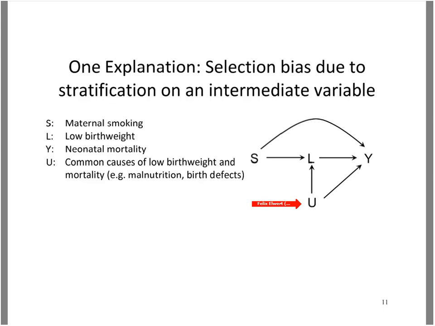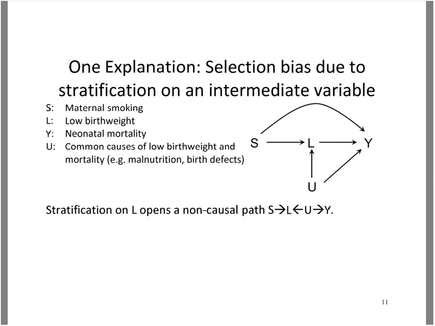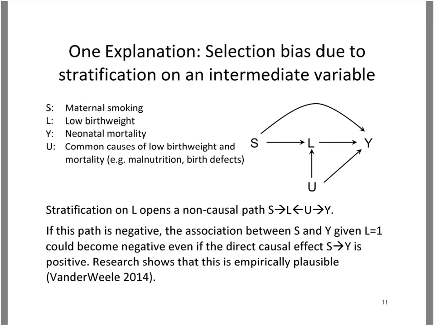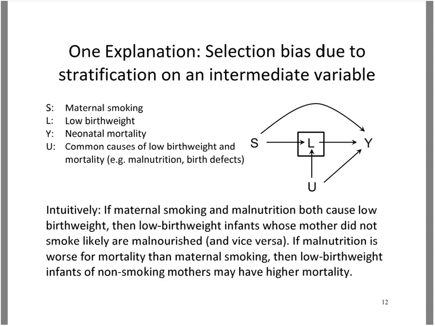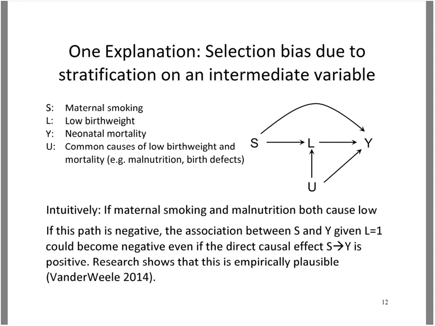So what does that do? Why is that a problem? Well, recall that the analysis stratifies on L. Actually, there should be a box around the L here because I want to denote that we're stratifying on L, right? We're now restricting the analysis to low birth weight infants.